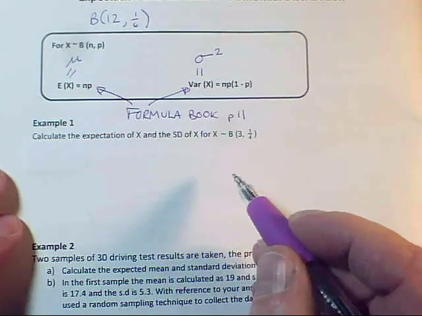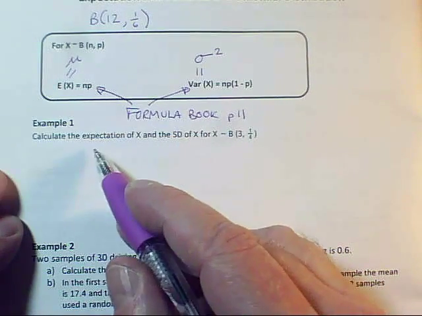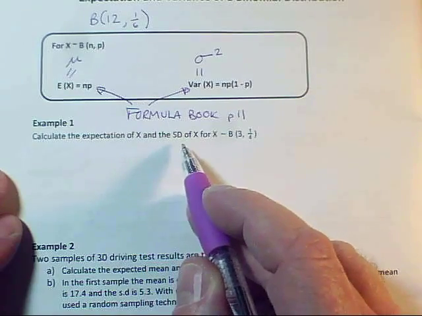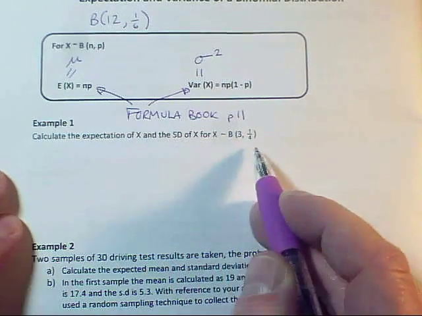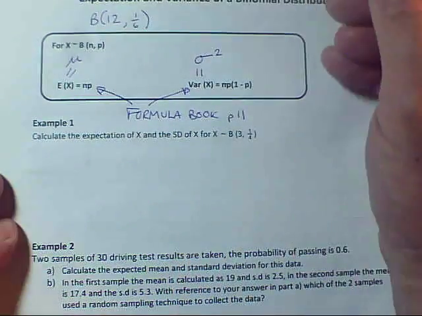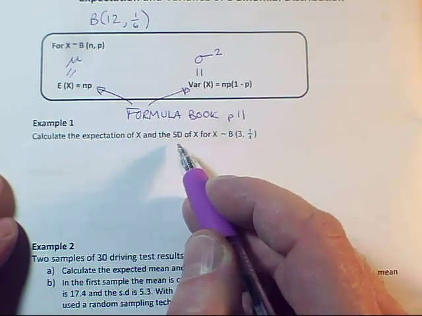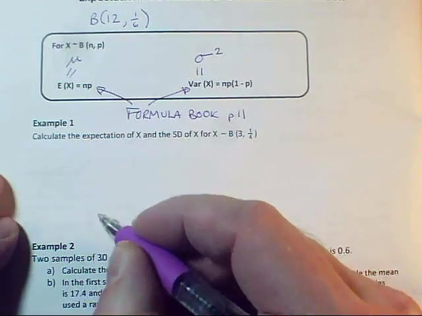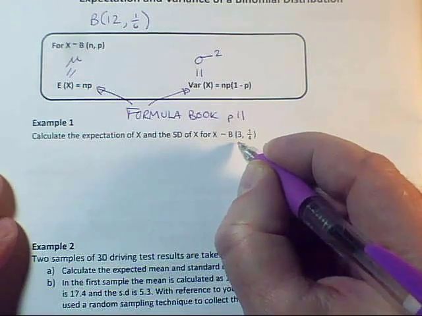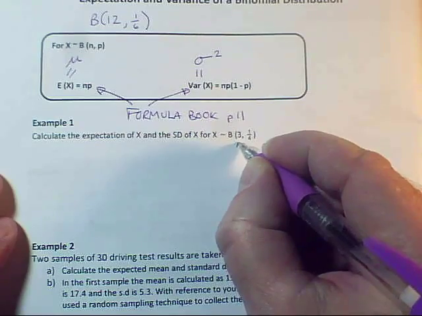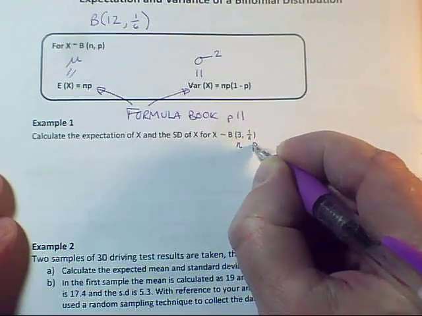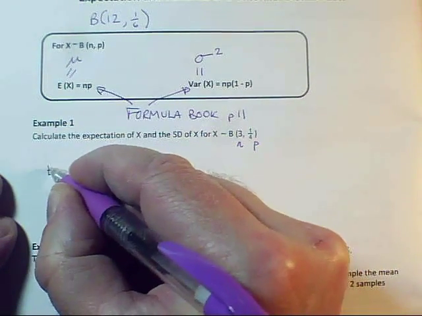Now, once you know where to find them, questions like this, find the expectation of x and the standard deviation of x, are just about knowing what the formulas are, where to find them, and dealing with words like expectation and standard deviation. So, firstly, let's decide what n and p are. n always comes first, so n is 3 and p is a quarter. And I want the expectation of x.